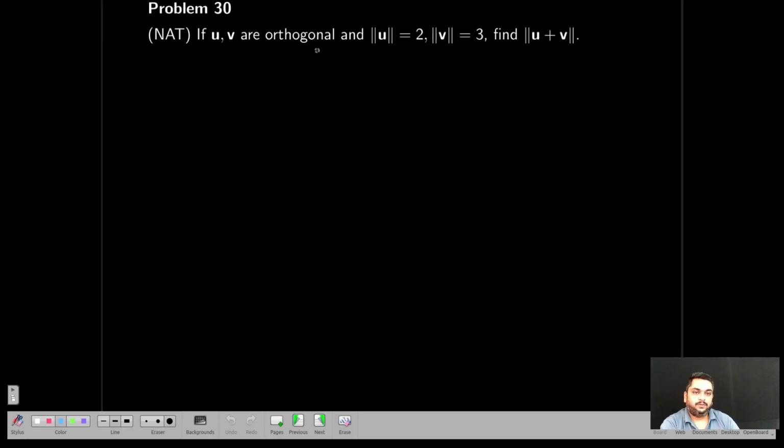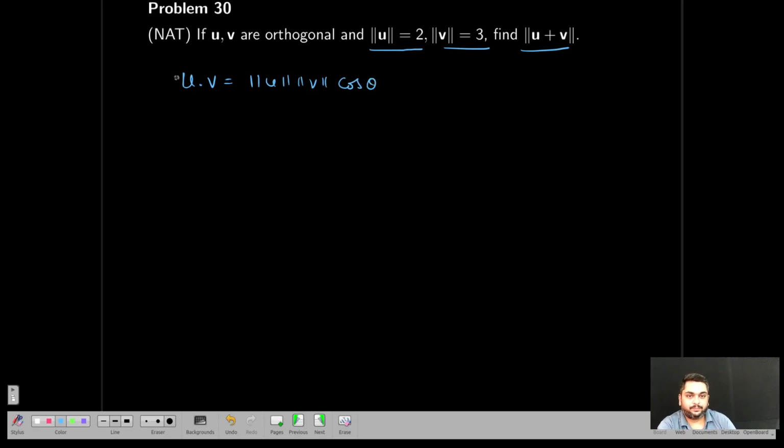If u and v are orthogonal and length of u is equal to 2, length of v equal to 3, then find length of u plus v. Okay. So how will you find this? Again, if you take the square of this, how will you find the dot product? u dot v is equal to length of u times length of v times cos theta.